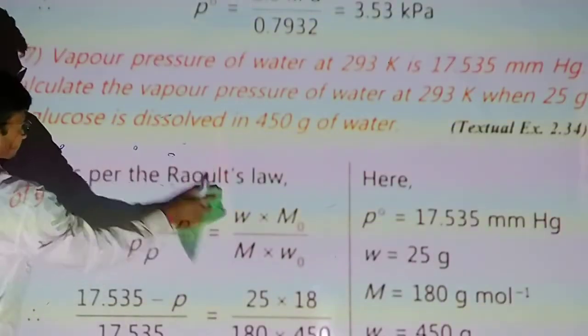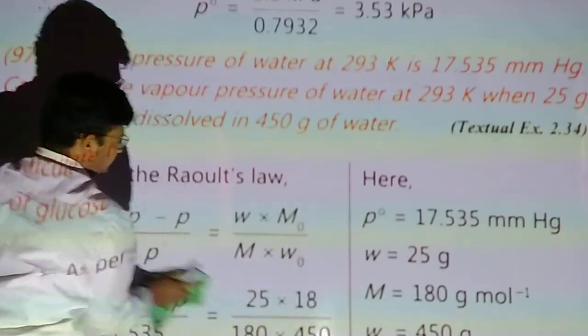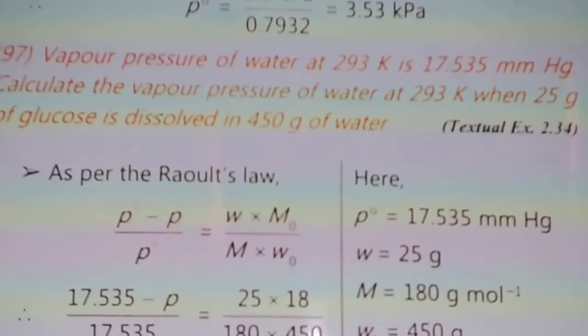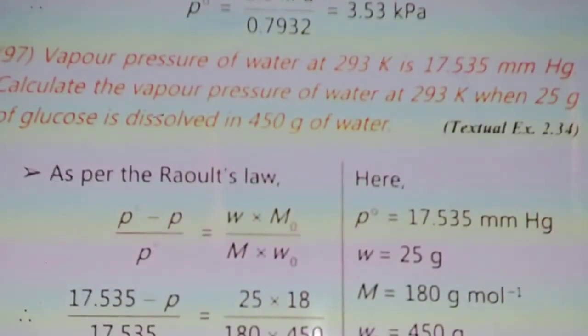Now next question. Vapor pressure of water at 293 Kelvin temperature is 17.535 millimeter of mercury. Calculate the vapor pressure of water at 293 Kelvin when 25 gram of glucose is dissolved in 450 gram of water.